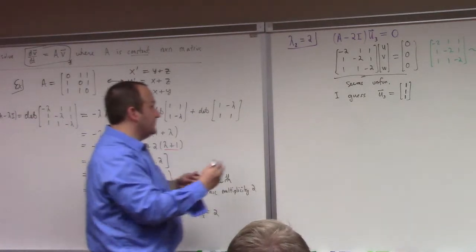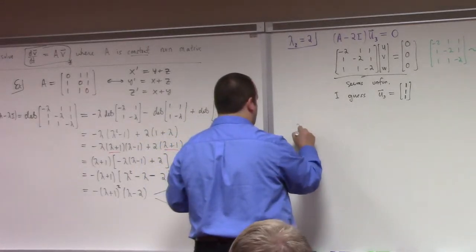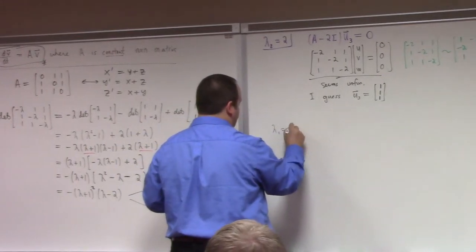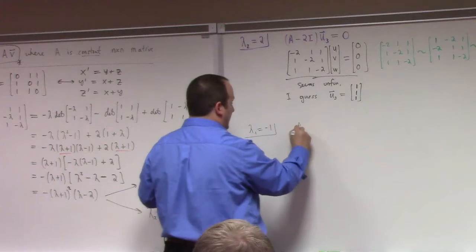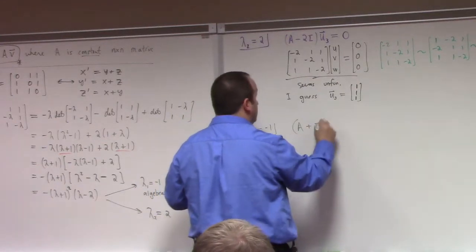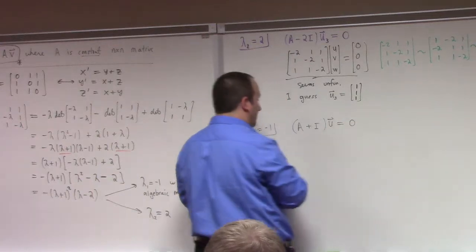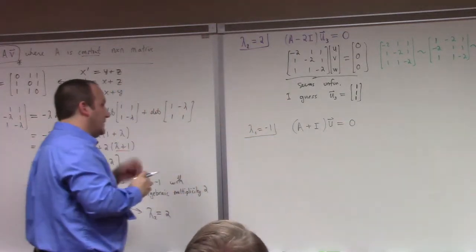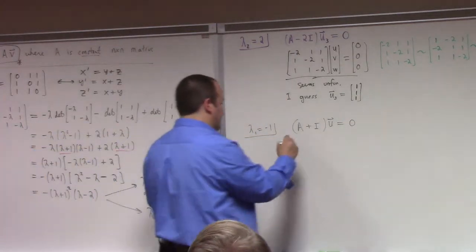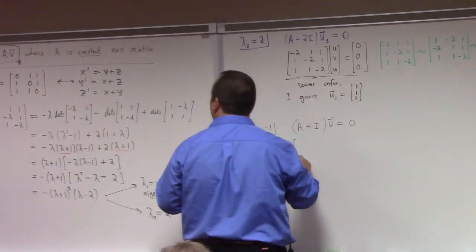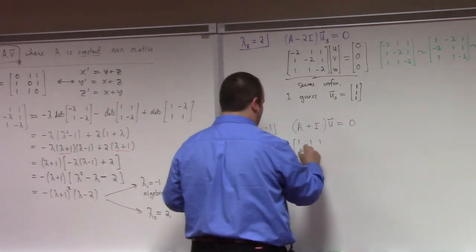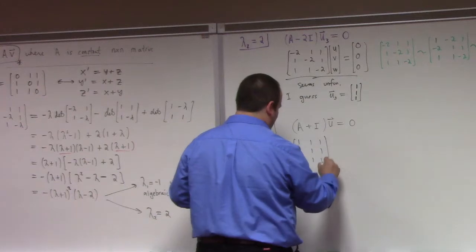Let's see how that goes. So lambda 1 equals -1. We need to solve A plus I times u equals 0. Oh, I like this one more. 1, 1, 1, 1, 1, 1, 1, 1, 1.